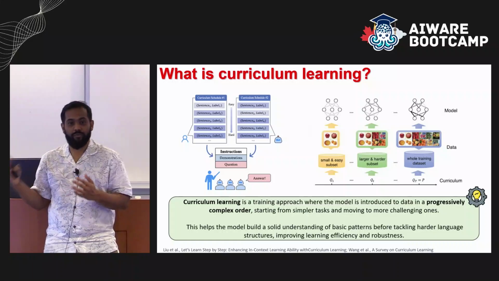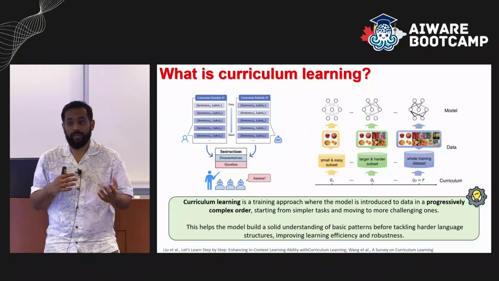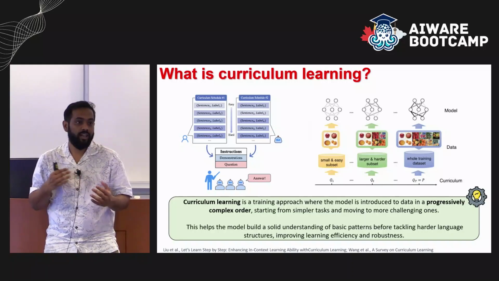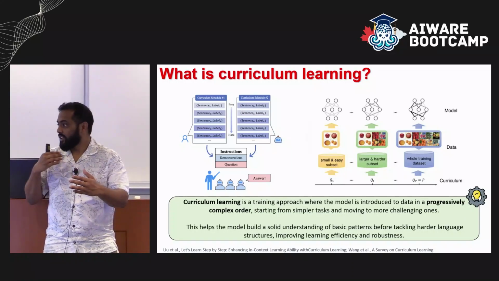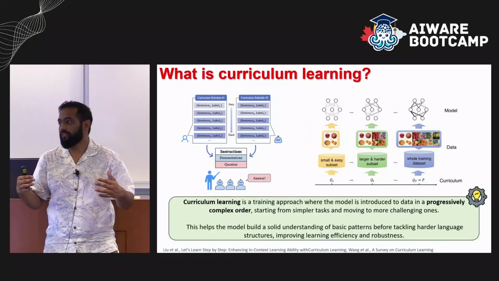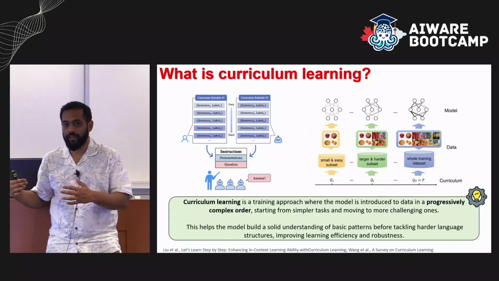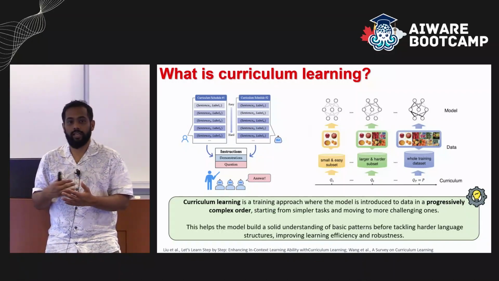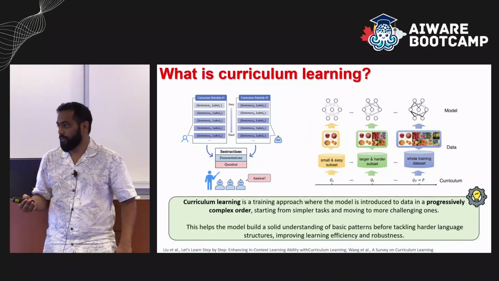And before foundation models, in traditional machine learning, they were also observing that if during the training batches they showed the easy batches first, data points that are relatively easy, and then showed the harder data points later, they were able to see the model converge faster and performance improve.